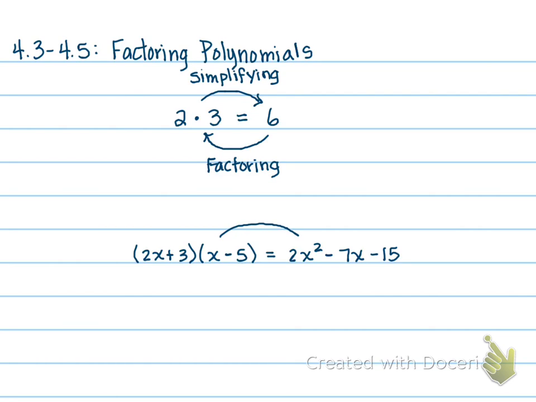Again, going from here to here, doing that multiplication, is simplifying. And our goal today is to start with what's on the right side and rewrite it in factored form like what's on the left side. So this is factoring.